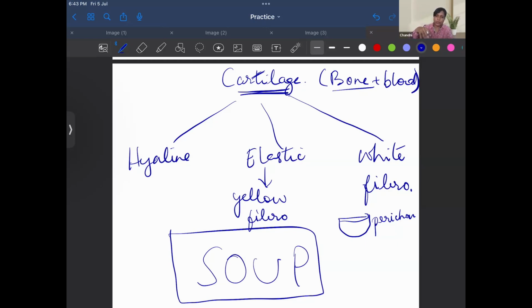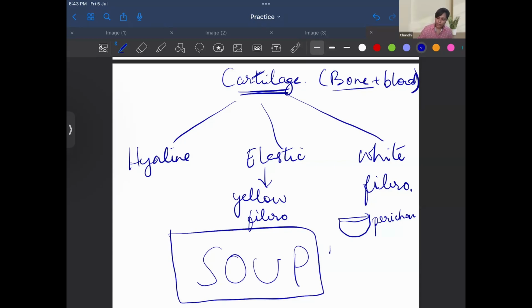Now, inside that bowl, when you want to make the soup, first thing you need is a medium in which everything else can be. You want to add vegetables and meat and all that, but that's not going to make soup. You need something that is kind of like a liquid, like a gel-like liquid, if it's a thick soup.